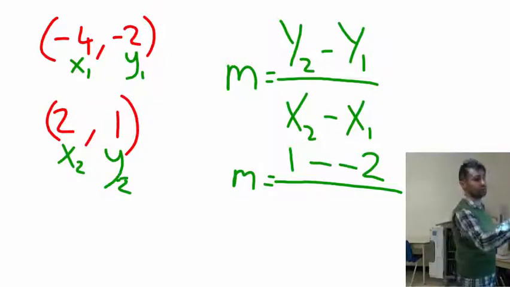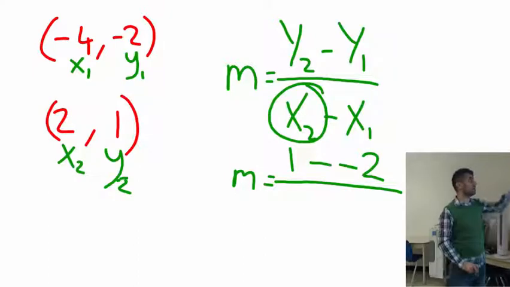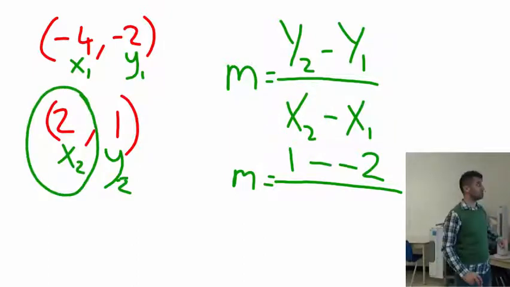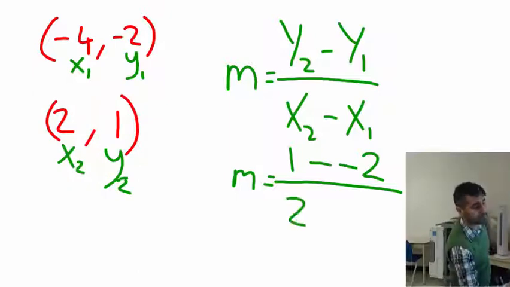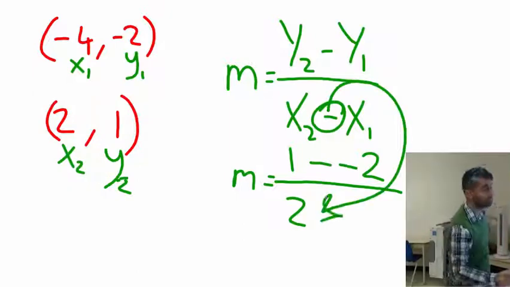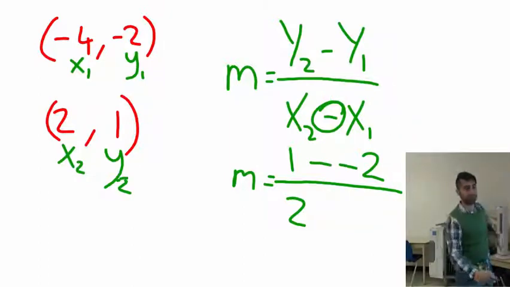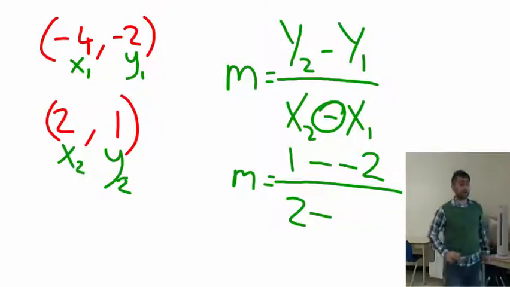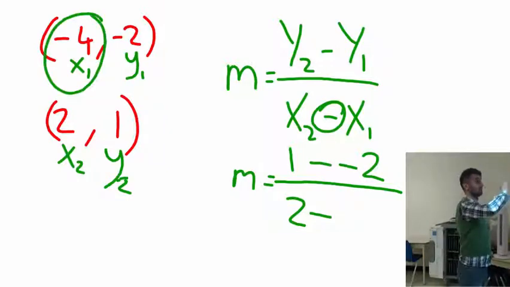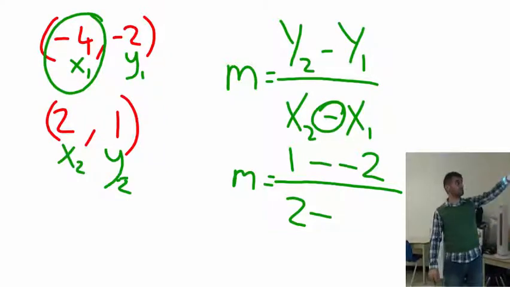And let's focus on x2. x2 is right here. I labeled it. It is 2. And I'm going to write down the negative sign coming from the formula. And then I'm going to write down x1, which is another negative number, -4.